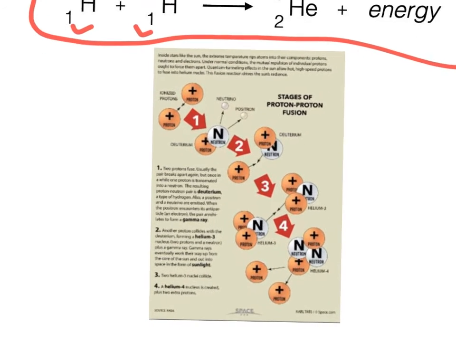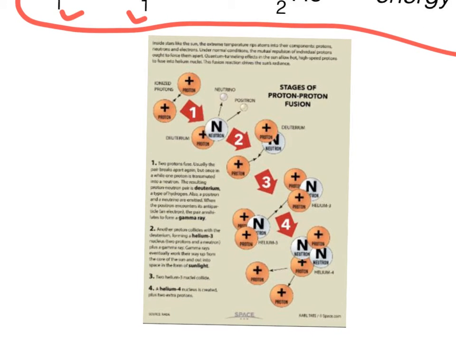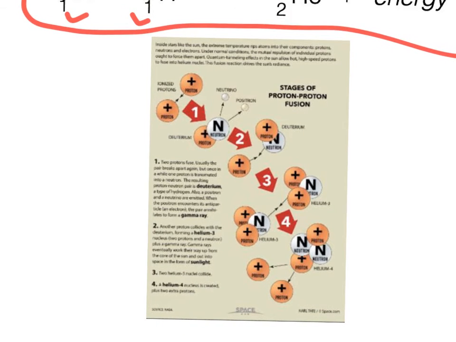In reality, the process is multi-step and more complicated, and I include this image just to highlight that. As you do a little bit of research into this, you may come across terms that are beyond the scope of what we're looking to do here. The simplistic equation I had above captures this part, where we have 2 hydrogen atoms, one being hydrogen 1 and the other being hydrogen 2, so to speak.